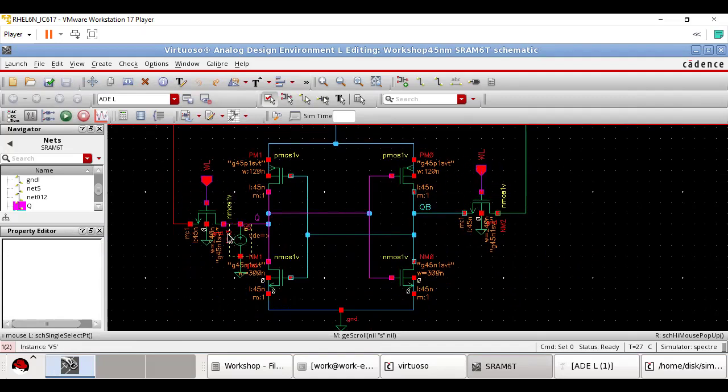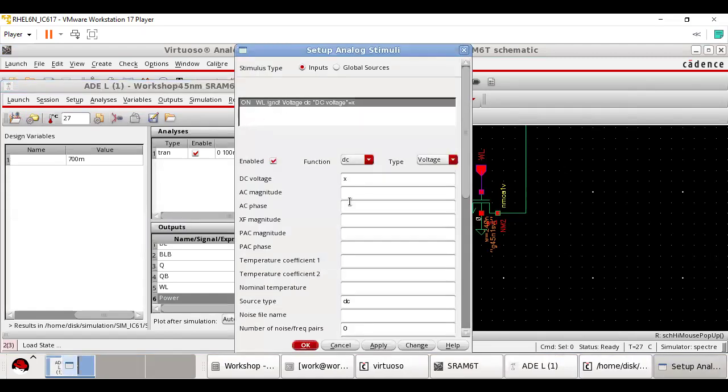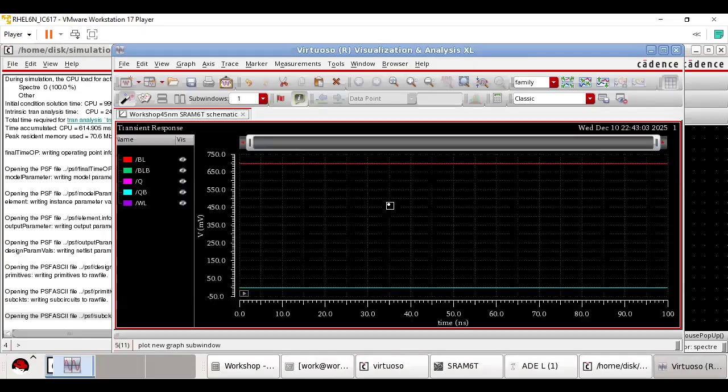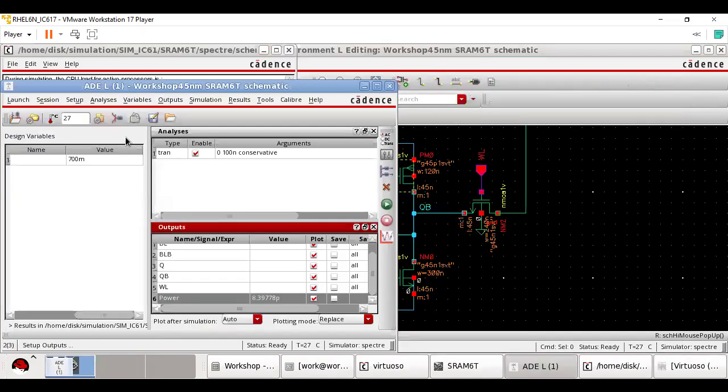If WL is not high, BL and BLB will not read anything. Let us see this here. WL is 0. See the results. BL is high, BLB is also high. Both are at the same potential when WL is 0.